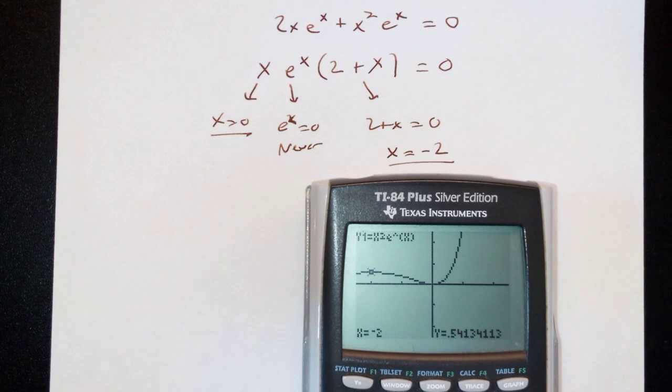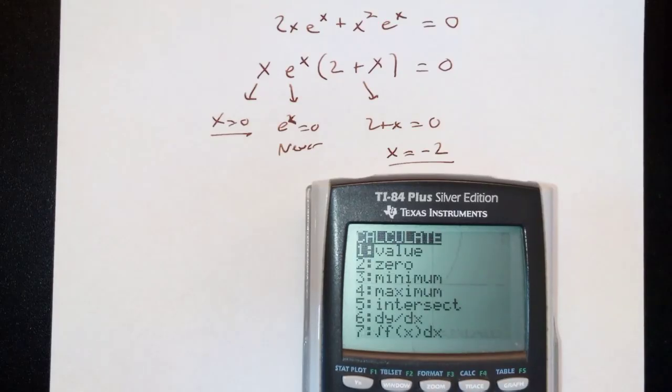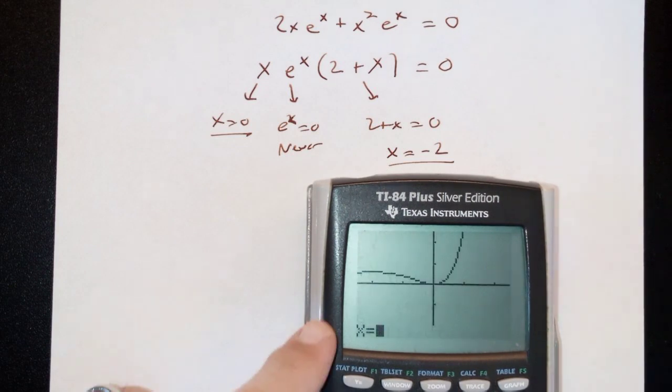If your calculator won't let you type on the trace screen, go to the calculate menu, hit second and trace. The first option says value. That's going to give you the value, whatever number you type in. If you hit enter, it'll actually ask you what value you want to type in. They did it on the graph screen as a shortcut, but if you've got an older calculator, it might not work that way. But there's my -2.